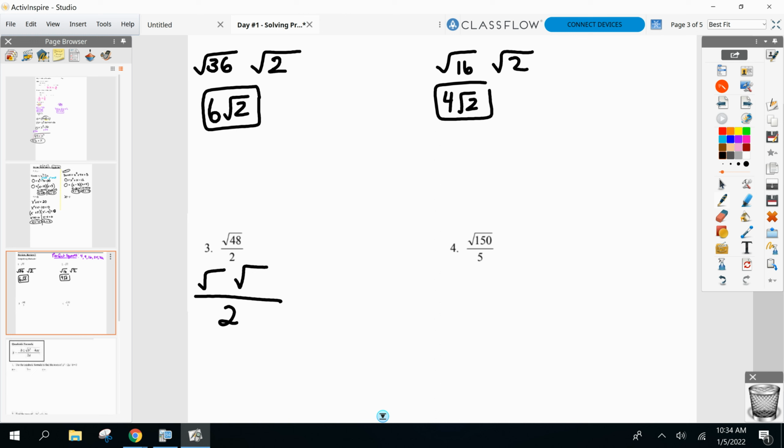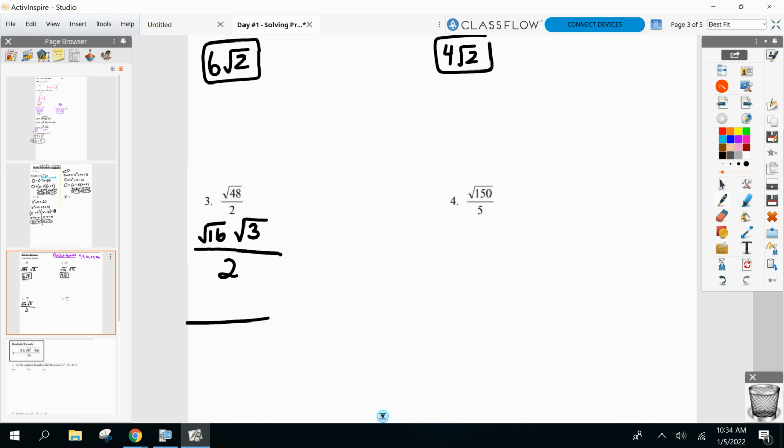Hopefully 16? 24 is not a perfect square. Right? Got to be a perfect square. But 16 is, times 3. Got to be a perfect square. All right, keep going.